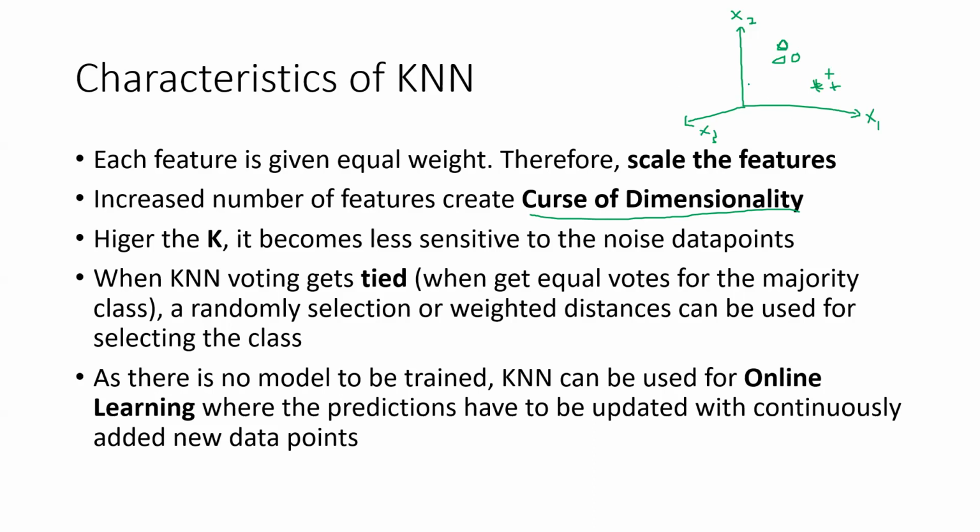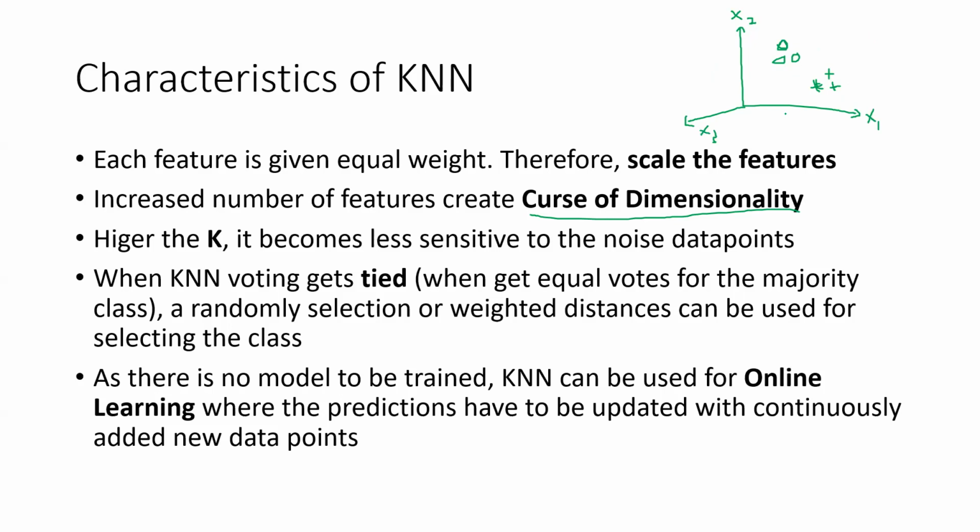When new dimensions are added, the distances between most of the data points will get higher, and they will get similar. Because of that, you will not be able to easily classify the data points using KNN. So that is the problem with the curse of dimensionality.